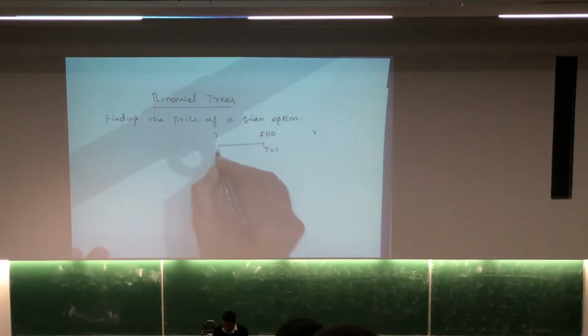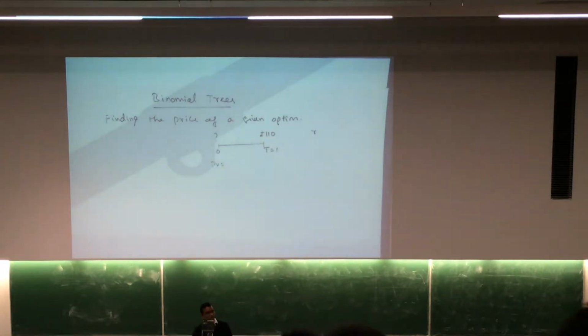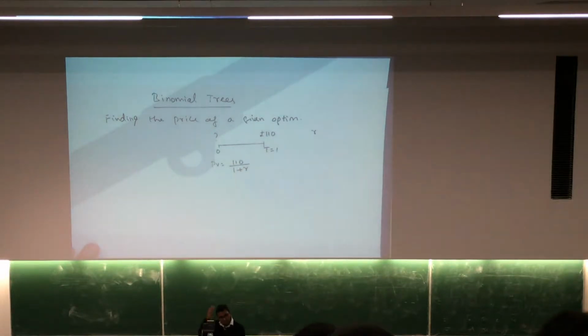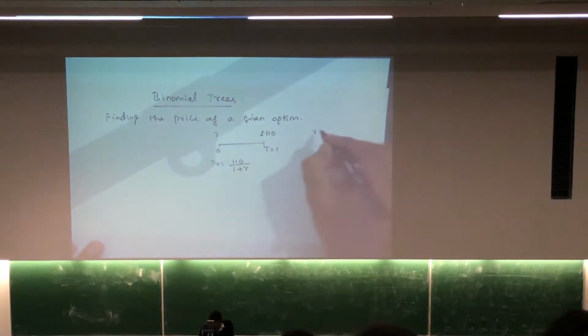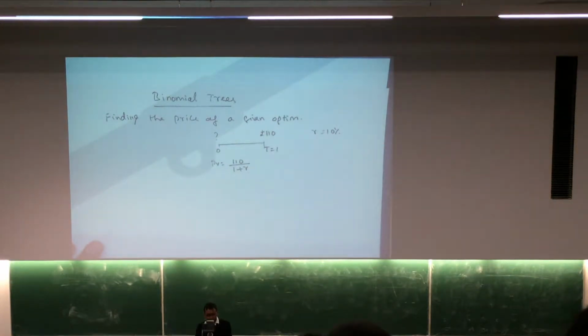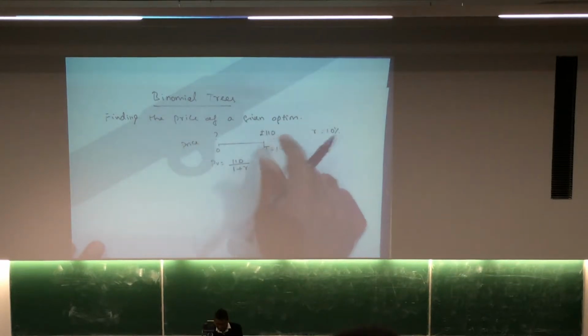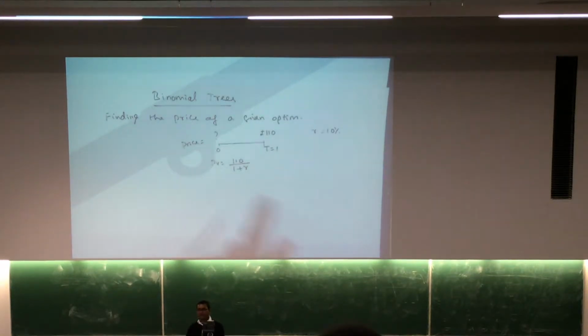And you may say that the value is nothing but the present value of the 110, which is simple: 110 divided by 1 plus R. If R is 10%, then the price of this investment, that means the price of the investment that would give you 110 after 1 year, is basically 100. That is straightforward.